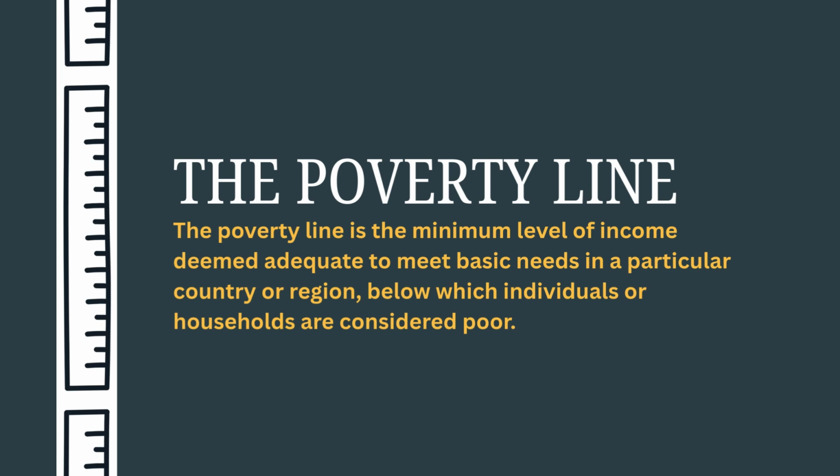But if you don't, you're living below. And if you can do better, you're living above. So the poverty line is basically this established measure of the minimum amount of income that you need to survive or access your basic needs daily.